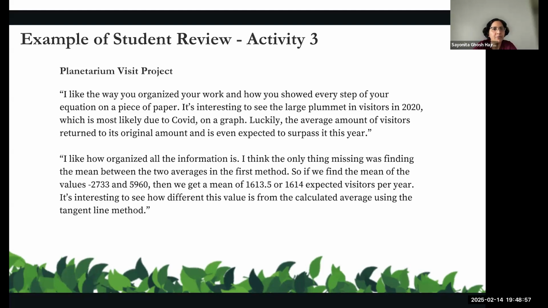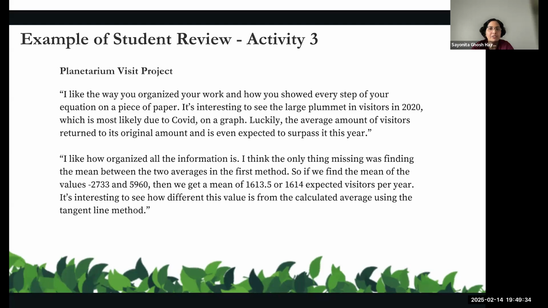Now, the one we are sharing right now is an example of student review on the projects they did. Various students mentioned noticing different things about the work itself and shared questions that others could learn from. Reviewing the planetarium visit project, one student commented, "It's interesting to see the large plummet in visitors in 2020, which is most likely due to COVID on a graph.